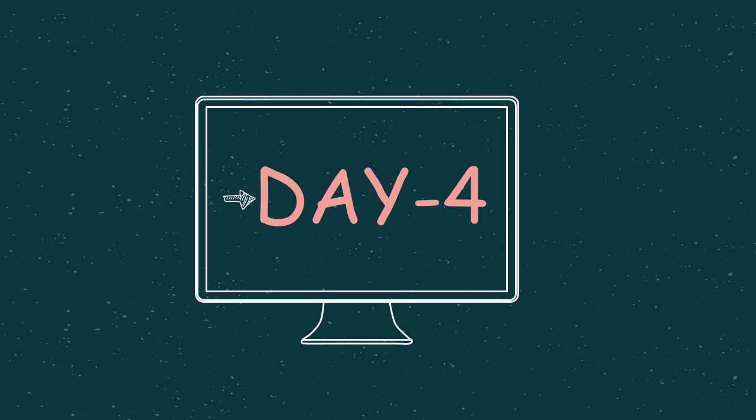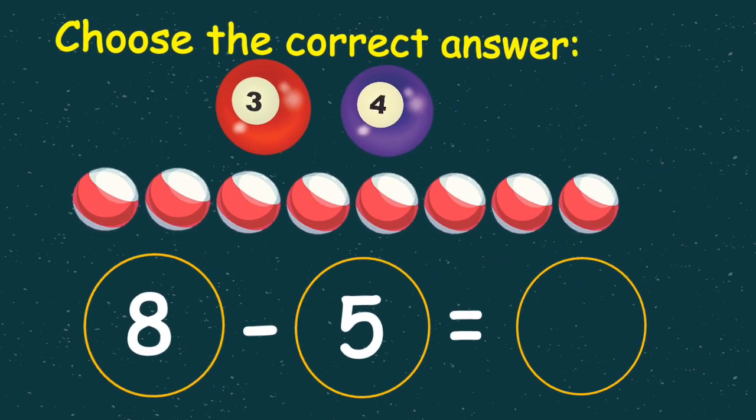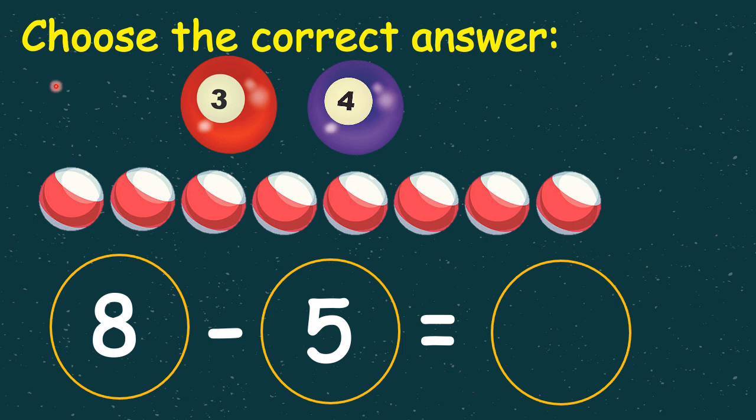Day 4. Choose the correct answer. Children, what do you see in this picture? Yes, we see bright red snooker balls given here, right?